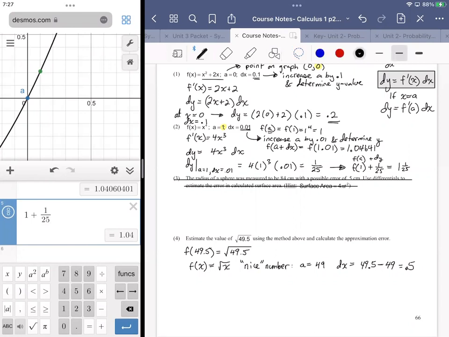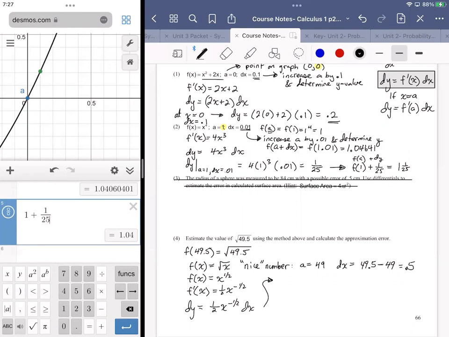But as they say, it is what it is. All right, so f of x is equal to x to the 1/2 power. So f prime of x would be 1/2 x to the negative 1/2 power. And so using this idea, we would say dy is equal to 1/2 x to the negative 1/2 dx.